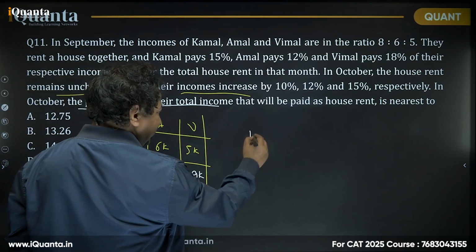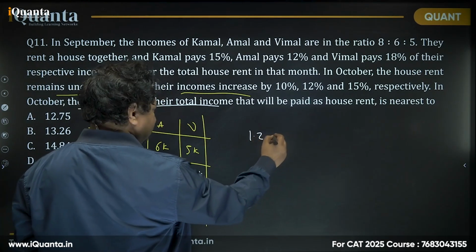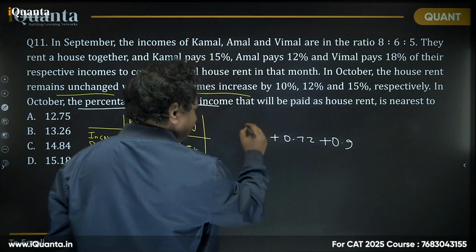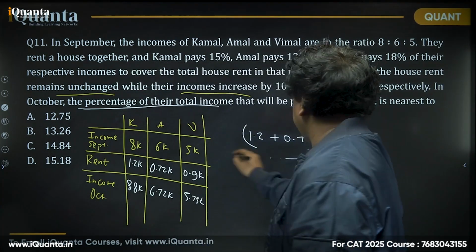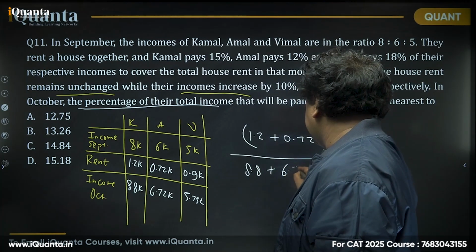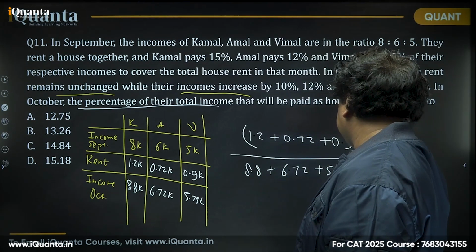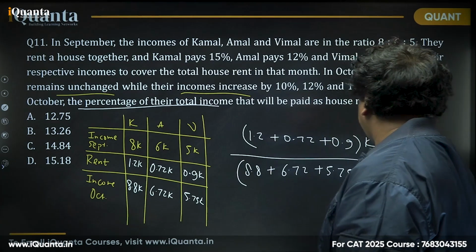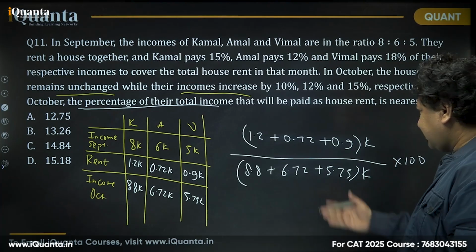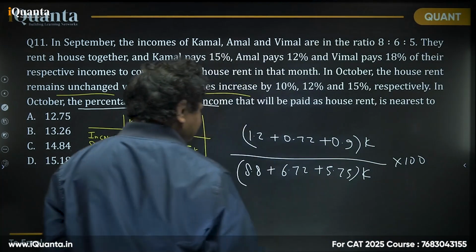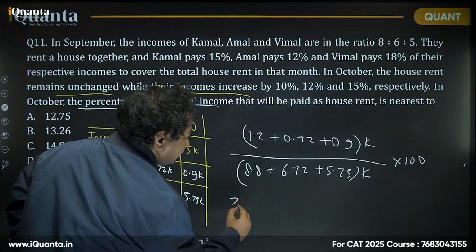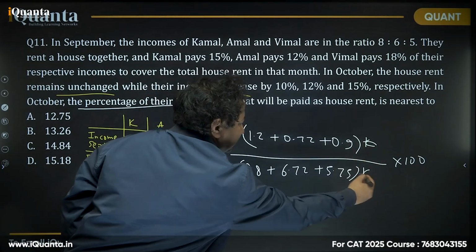Rent is 1.2 plus 0.72 plus 0.9 times K. New income is 8.8 plus 6.72 plus 5.75 times K, into 100 is what the percentage value will be. Let's calculate that. 1.92, 2.82 is what we get. K and K get cancelled, obviously.